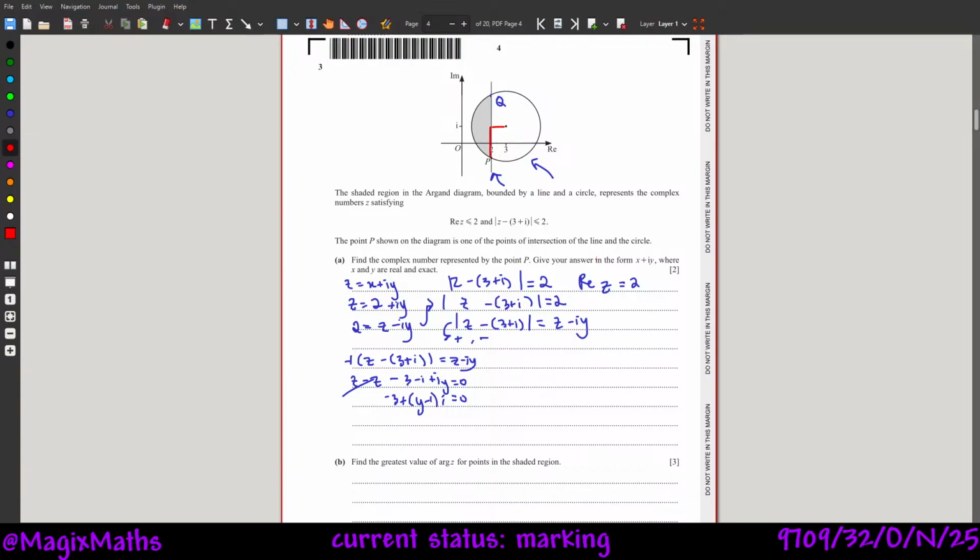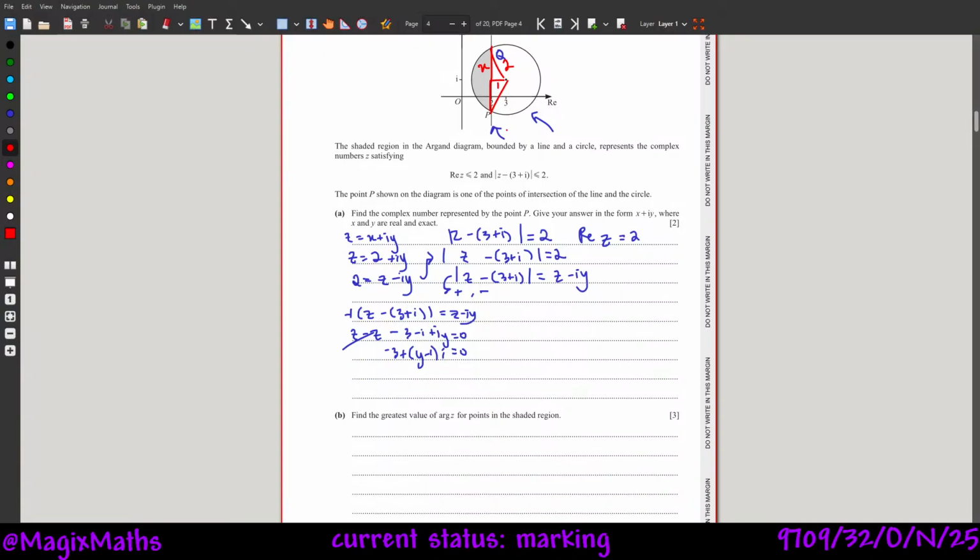So this is just a triangle with radius 2 and adjacent length of 1. So then we'll have to find this value, x. Let's call it x. So it's quite literally just 2 squared minus 1 squared is equal to 3, so root 3.